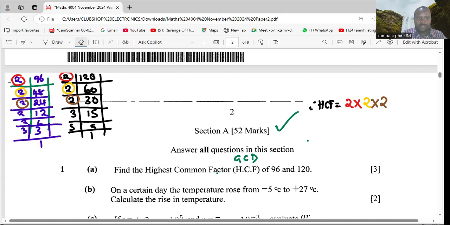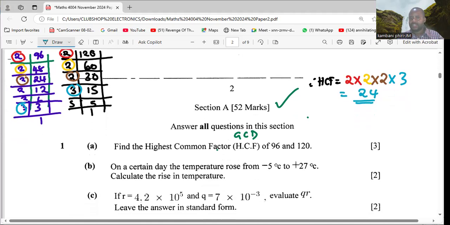It's not common. But there's 3 here and 3 there, so we pick that. So we multiply: 2 by 2 is 4, 4 by 2 is 8, 8 by 3 is 24. So 24 is our highest common factor.